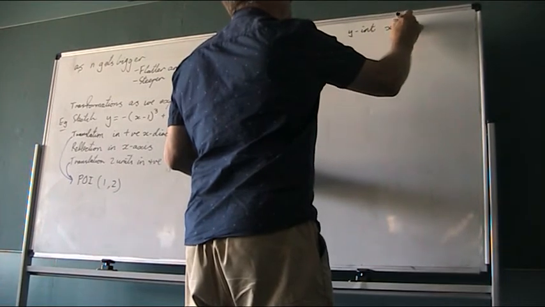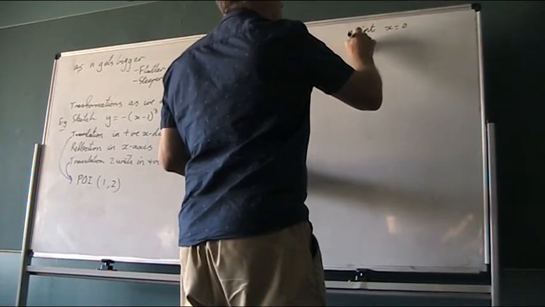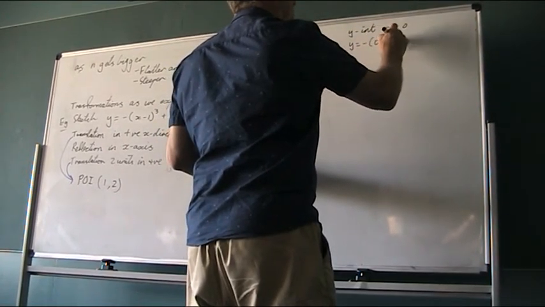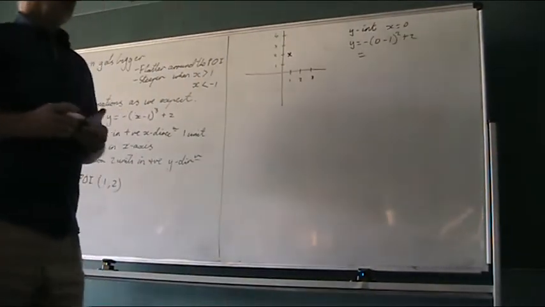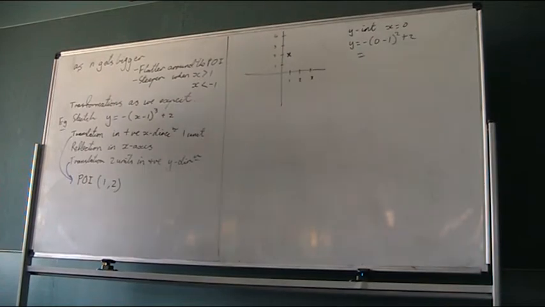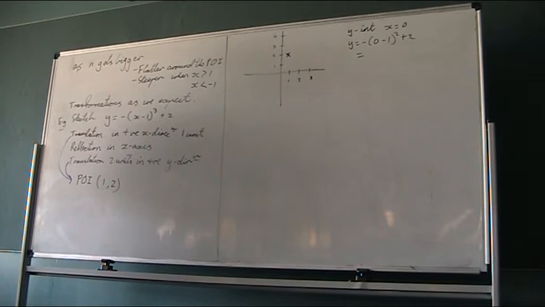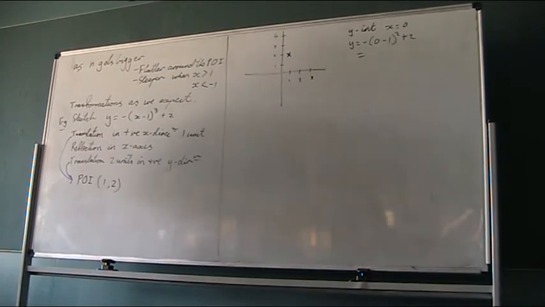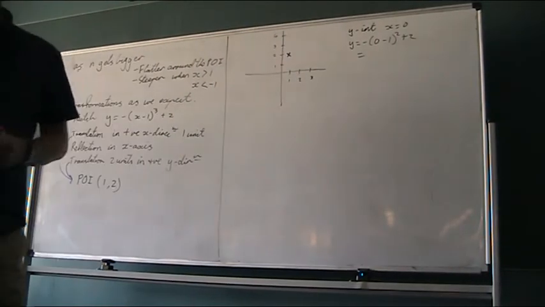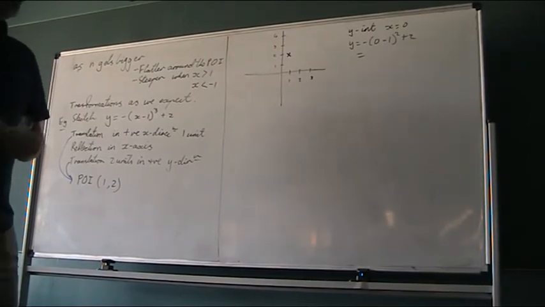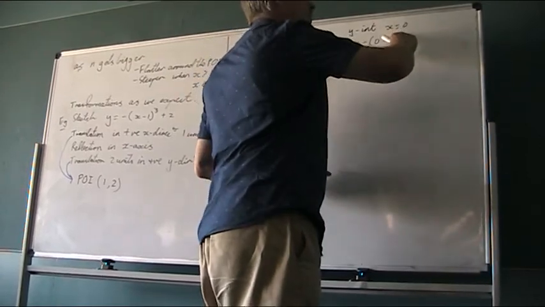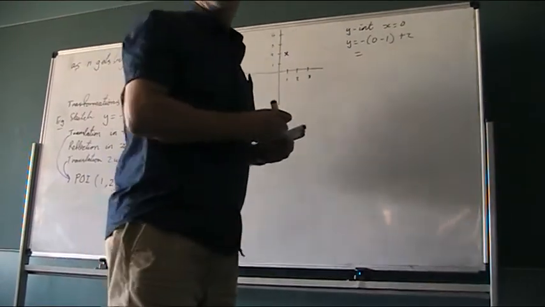x equals 0. So y equals negative 0 minus 1 cubed plus 2. 0 minus 1 is negative 1. Oh, cubed, I'd have put a square there.